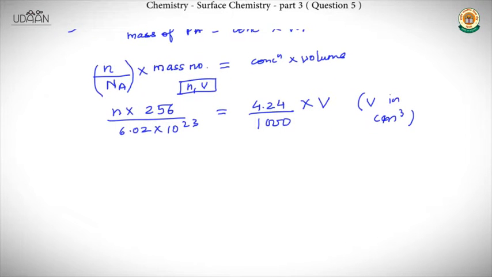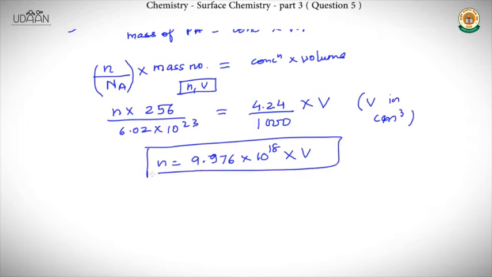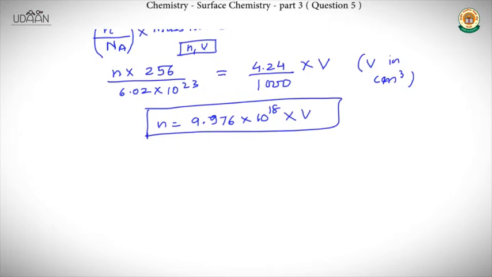So now when I simplify this and solve, I will obtain N as 9.976 into 10 raised to the power 18 into V. Fine. So now, how do we proceed?